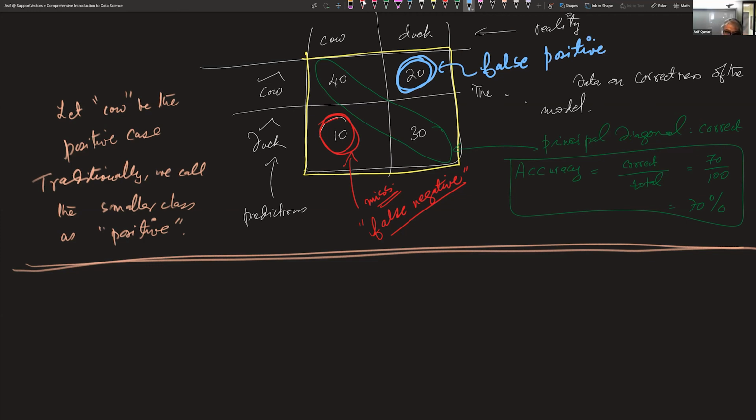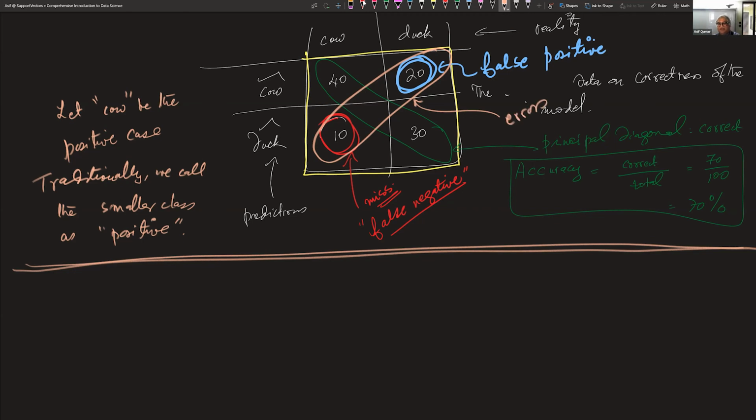And so you notice that this thing together, I'll use some other color, this off diagonal elements, what do they contain? Anything not in the principal diagonal, all other elements, they are errors, isn't it? They are mistakes. Would you agree? These are the errors, right?